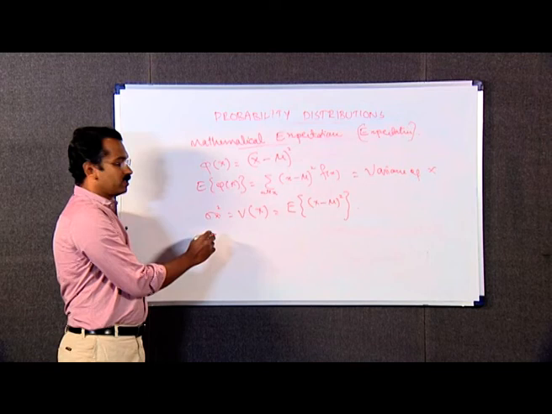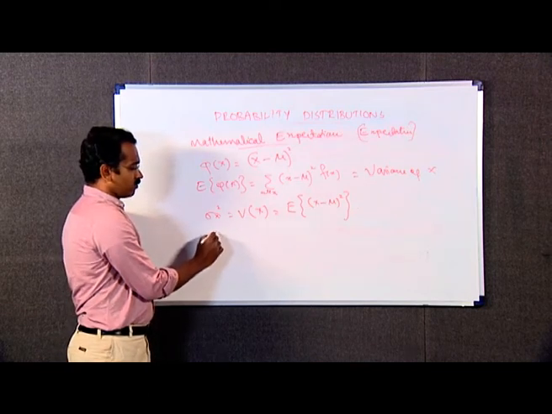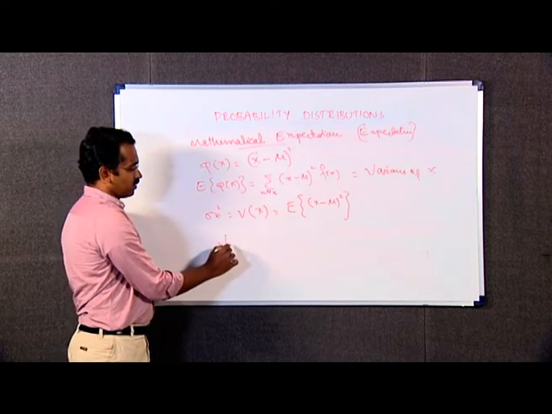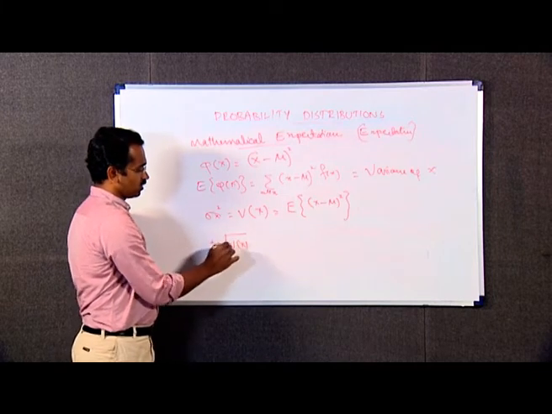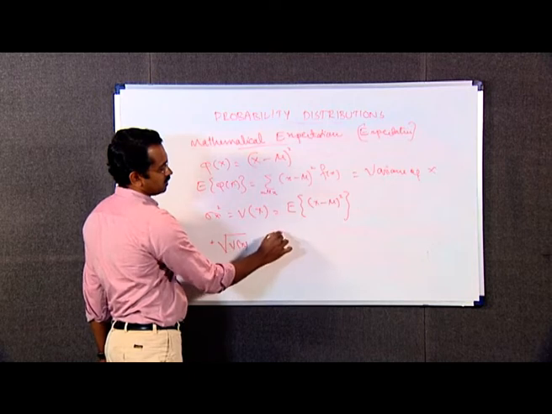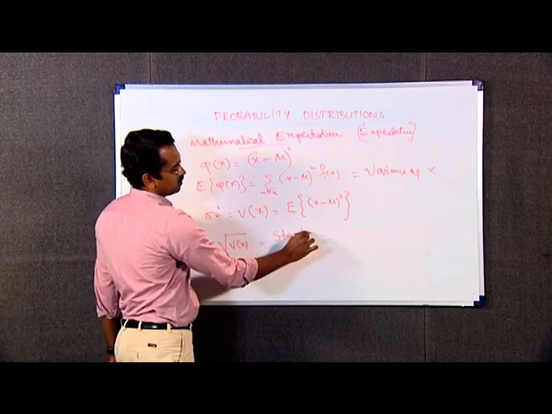And the positive square root of the variance of x is known as the standard deviation.